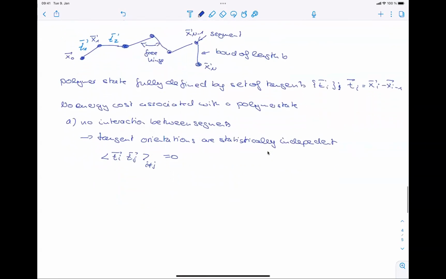And there's also no energy cost associated with the subsequent orientations. So there's no limitation of if I have a segment that goes like that, then I have a preferential vector for the next one. Why is this a statement to make?